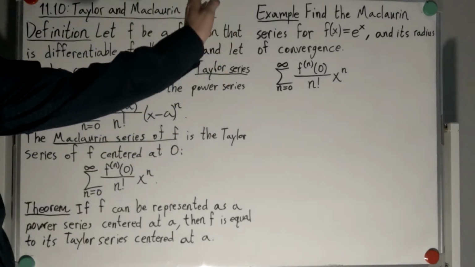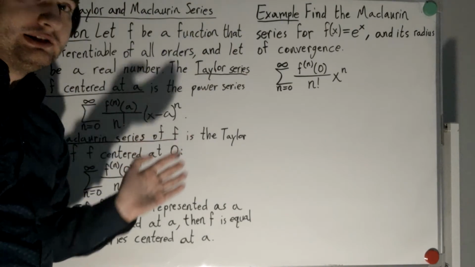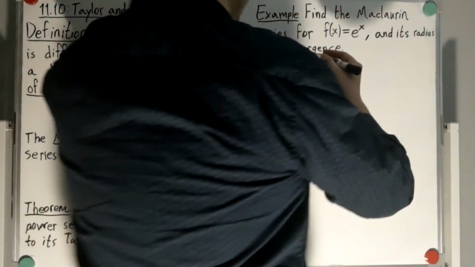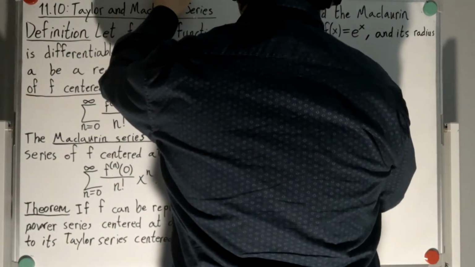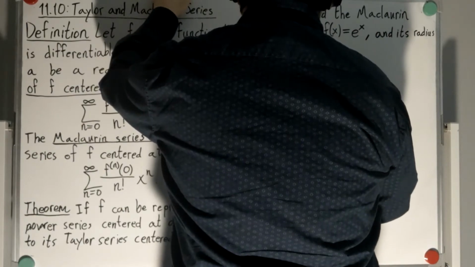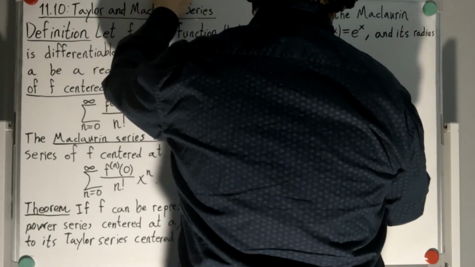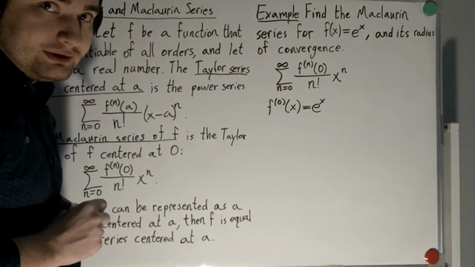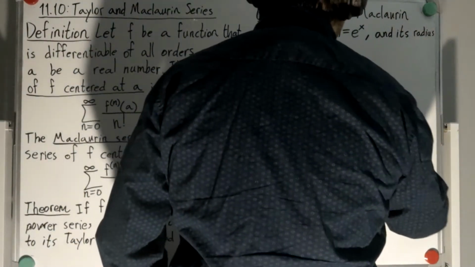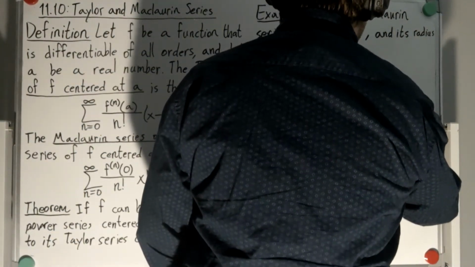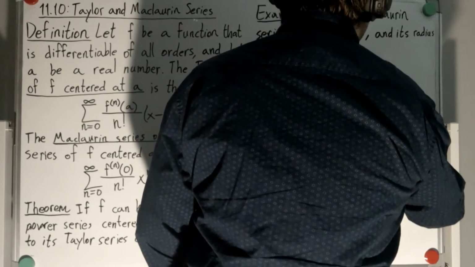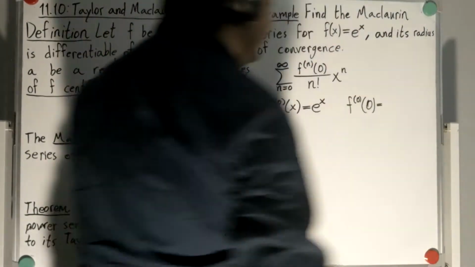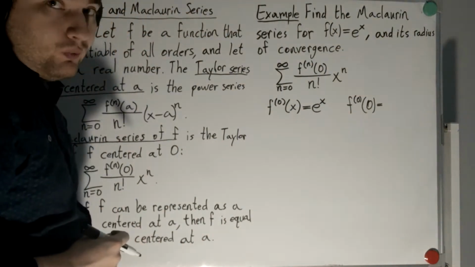Alright? So, in our case, this one is a very easy example. So, the 0th derivative of f, well, that's just the original function, which is just e to the x. And the 0th derivative evaluated at 0, that would be e to the 0, which is 1.